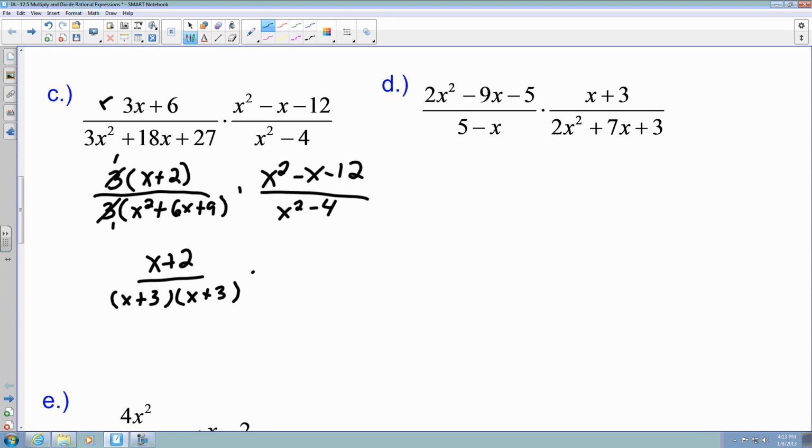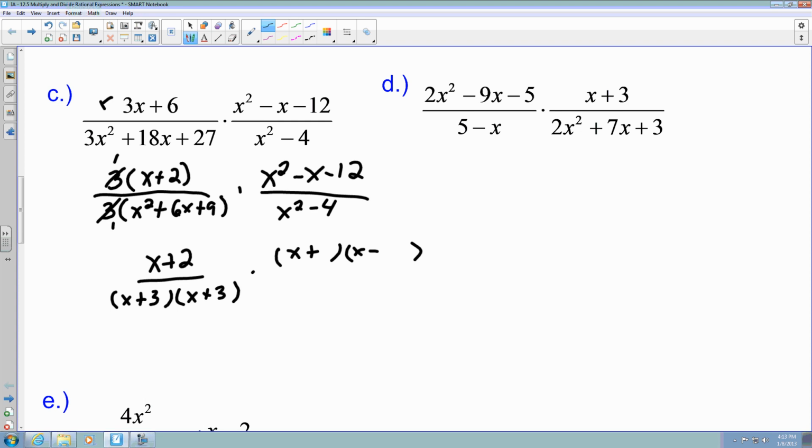Now I look at my numerator, my second fraction. I have parentheses, parentheses, I can reverse FOIL. I'm going to have x, x. The negative 12 means that one's going to be plus and one's going to be minus, and I need to find whose product will be a negative 12, but the difference will be a negative 1.